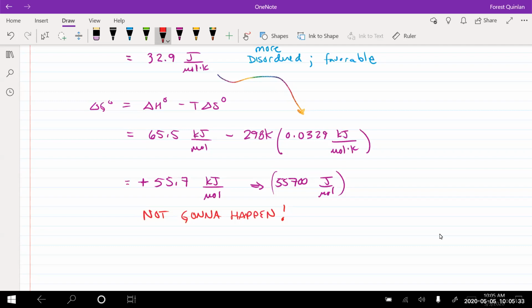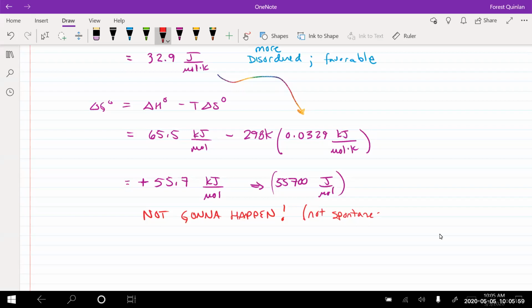It means it's disordered or not disordered. Well, it wants to go to disorder. Mm-hmm. What's the rest of my statement that I'm going to say? This is not going to happen. It's not spontaneous. Okay, on its own.